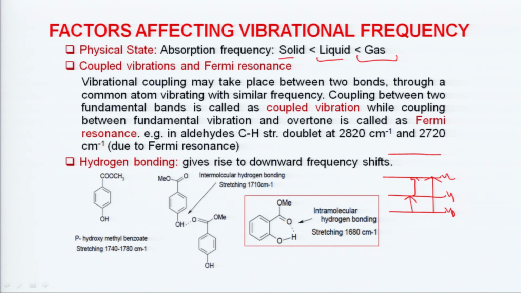Another factor is hydrogen bonding. Hydrogen bonding gives rise to a downward frequency shift. How? We can understand the situation of intermolecular and intramolecular hydrogen bonding like this. This molecule has a stretching frequency of 1740 to 1780 centimeter inverse, while with intermolecular hydrogen bonding, the same molecule has stretching at 1710 centimeter inverse.